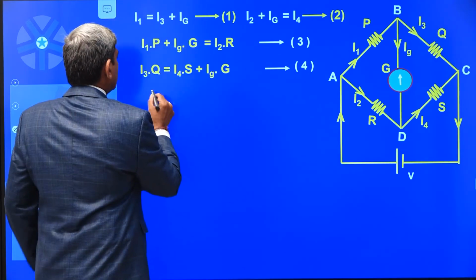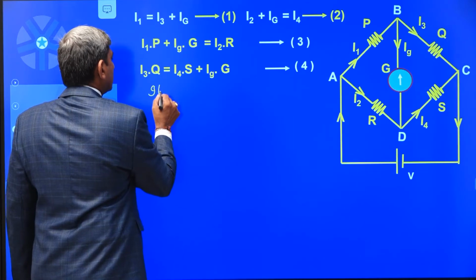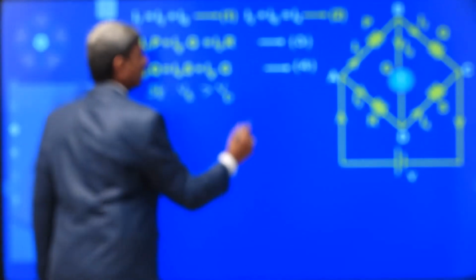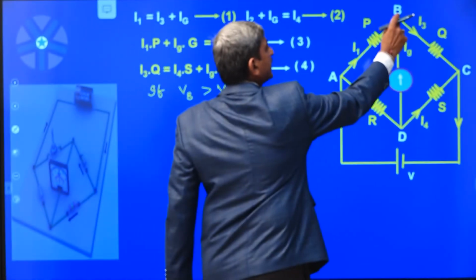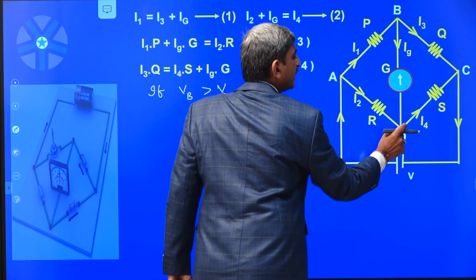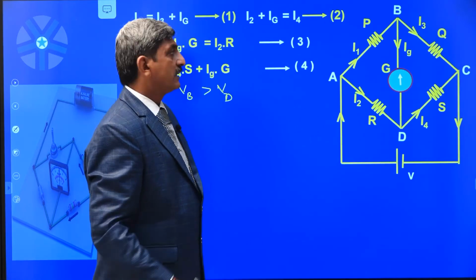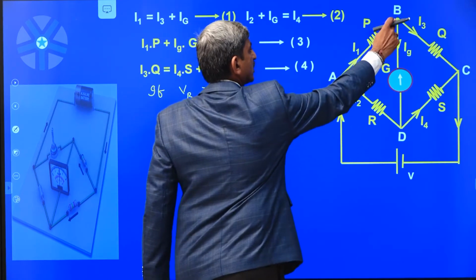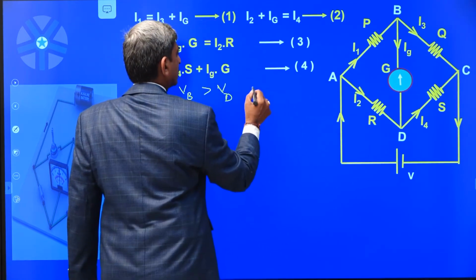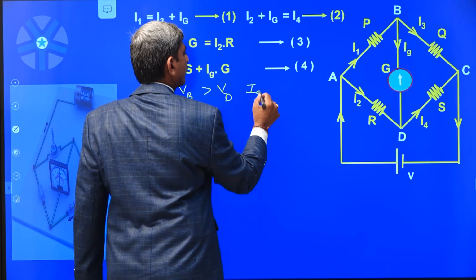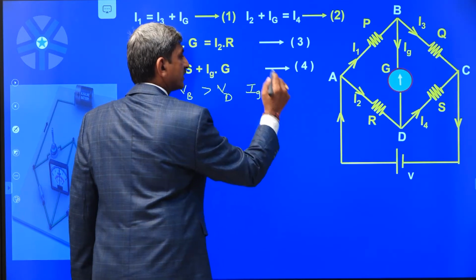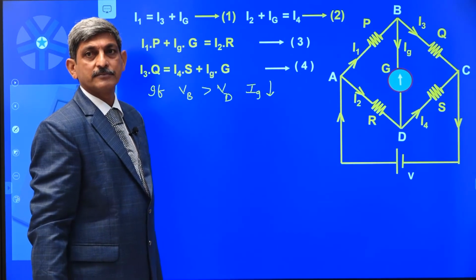Suppose the potential at point B, VB is greater than the potential at point D. That means the point B is at a higher potential, the point D is at lower potential. Then the current flows from higher potential to the lower potential, so the current in the galvanometer flows in the downward direction from point B to point D.